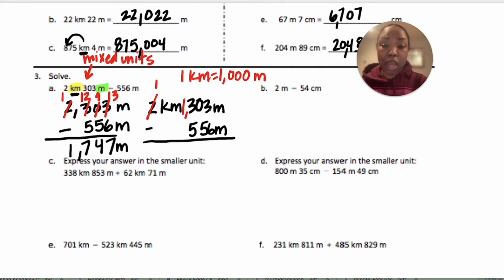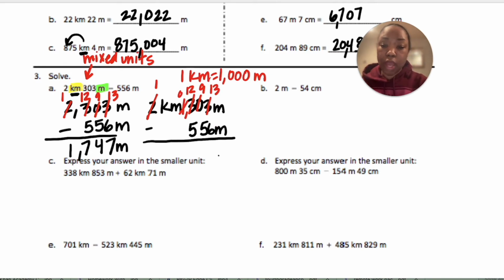Now I can subtract. I can't do 3 minus 6. I can't take from 0. This 3 becomes 2. This 0 becomes 10 and then 9. And then this 3 becomes 13. Can't do 2 minus 5. So this 1 becomes 0 and that becomes 12.